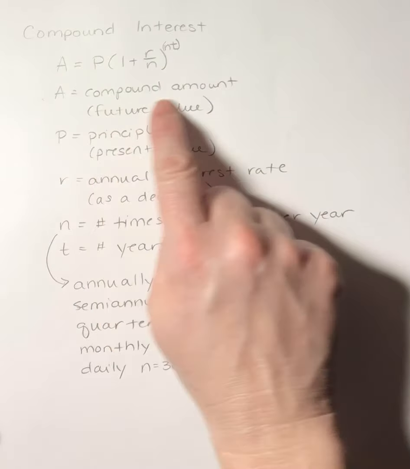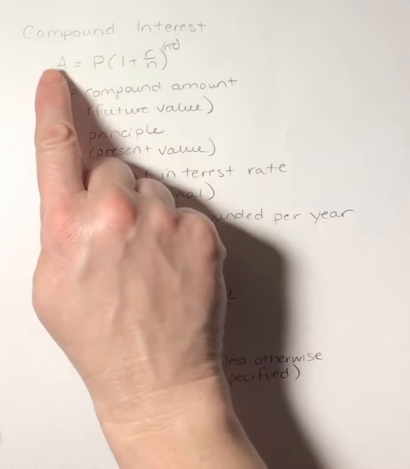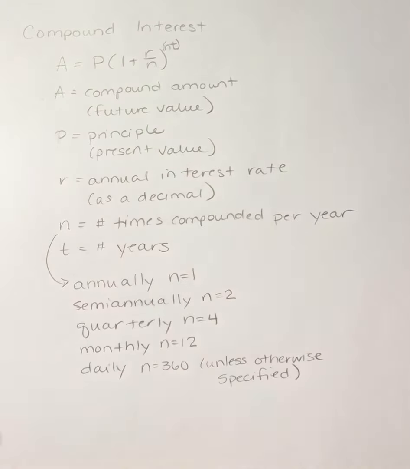A is called the compound amount or the future value. This is your principal plus your interest. Okay, so none of those have changed.